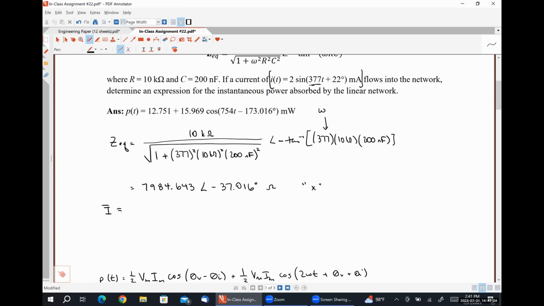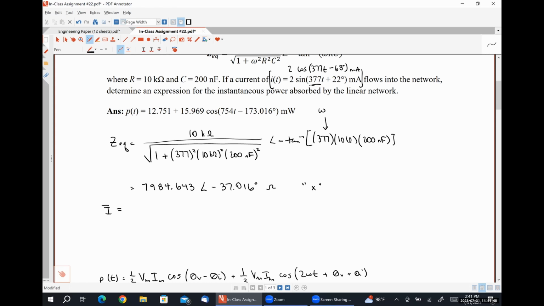So that's going to be the same as 2 cosine 377t, and then 22 minus 90 degrees is going to be negative 68 degrees, if my mental math is working correctly, milliamps. 90 minus 22 is 68. Yeah, that should work.